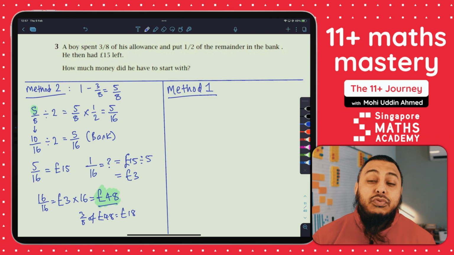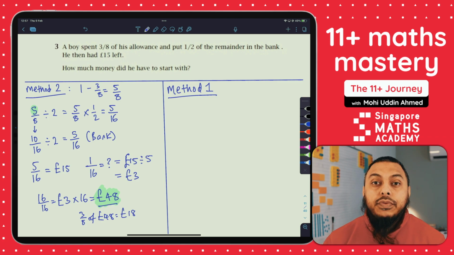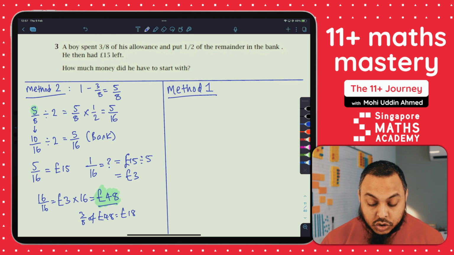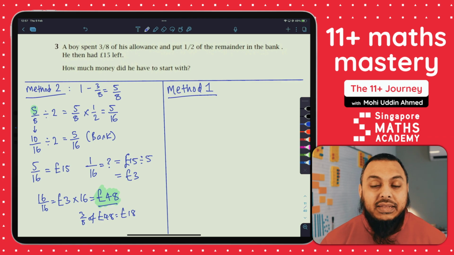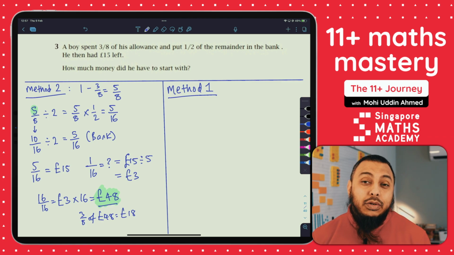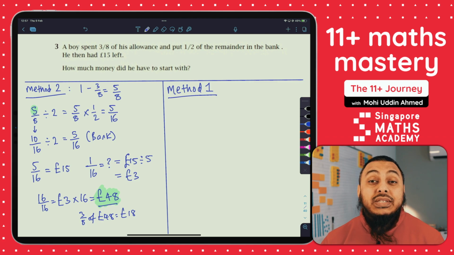This strategy is really helpful for problem solving as well as understanding maths for different topics. So with this question, I'm going to take you through it using the bar model approach, which is our second method. And in this method, we're going to actually get to see why it's so powerful.